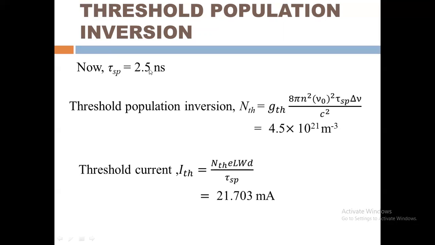Using the value of the spontaneous decay time and this equation, I have calculated the threshold population inversion, and it is 4.5 times 10 to the power 21 per meter cube. From the calculated threshold population inversion and the assumed dimensions of my laser, the threshold current is calculated, and it is 21.703 milliampere.